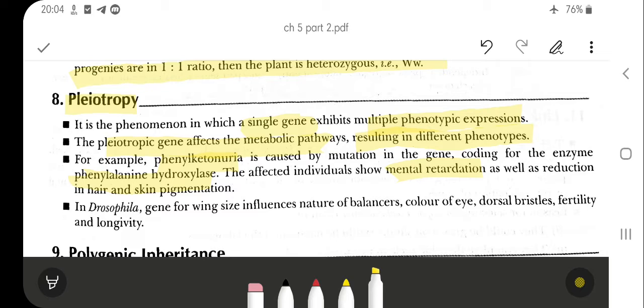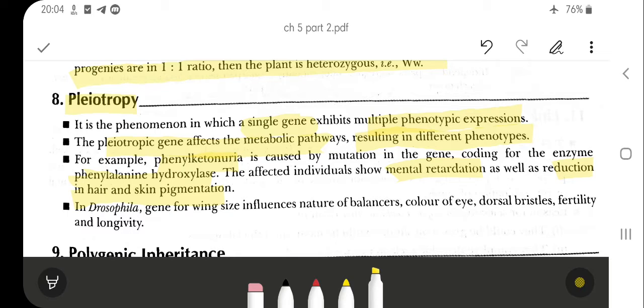Along with that, they also have a reduction in hair and skin pigmentation. So both characters, both expressions, are controlled by a single gene. Because of one enzyme, these two symptoms come in the patient, or you can say in the disorder.